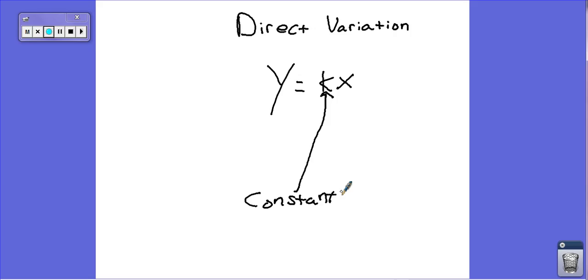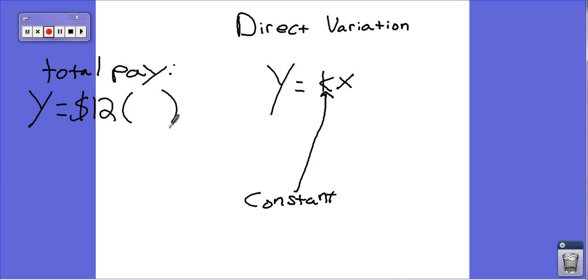We use direct variation in several different kinds of word problems. For example, if we wanted to figure out someone's total pay, we could use that formula. Total pay is y equals, say, $12 an hour times the number of hours worked.